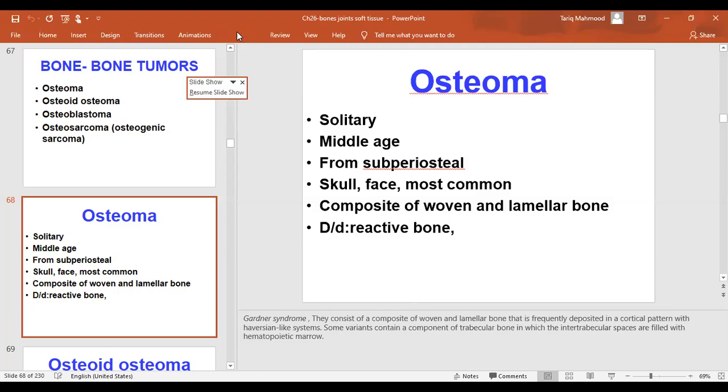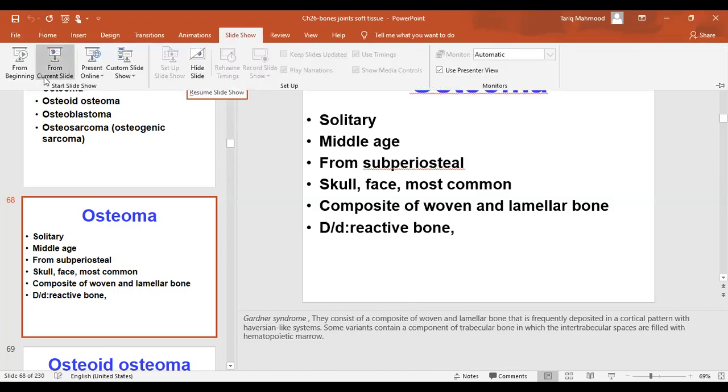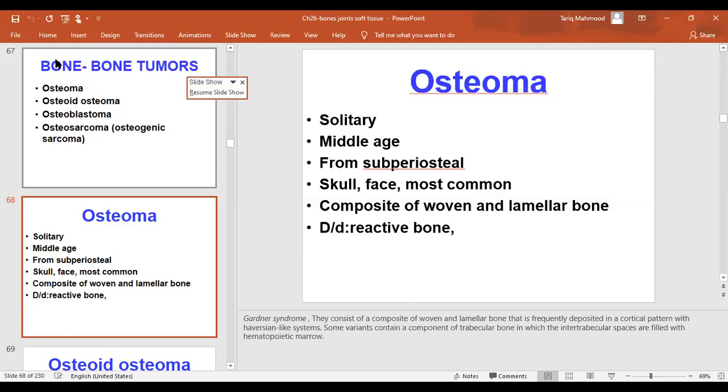And osteoma is famous for nocturnal pain. That pain starts at night, and they are composed of woven and lamellar bone, and differential diagnosis is reactive bone.